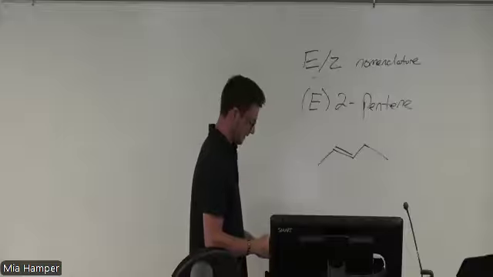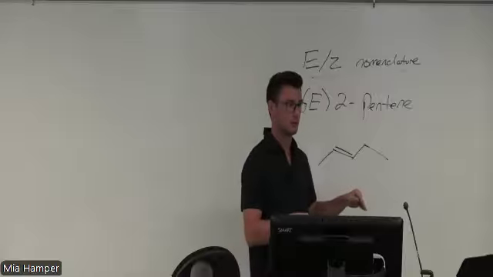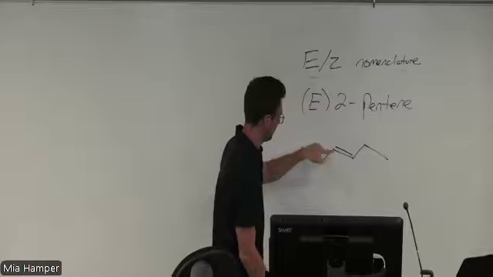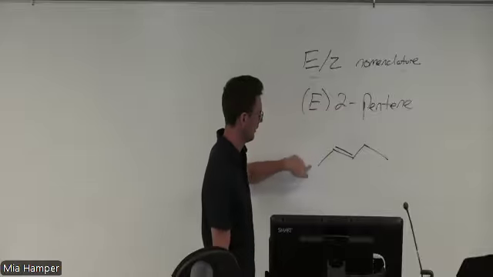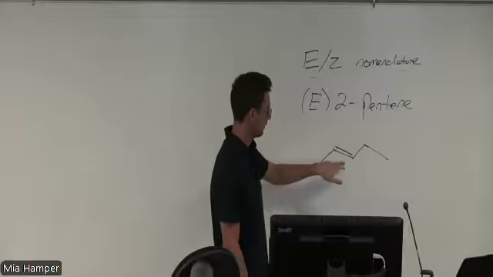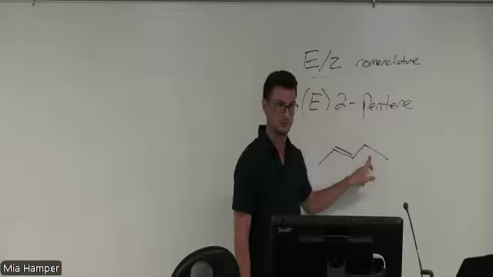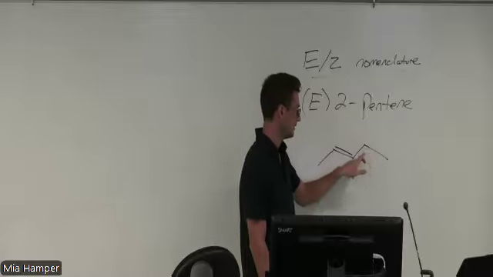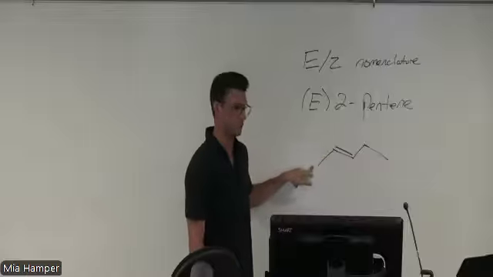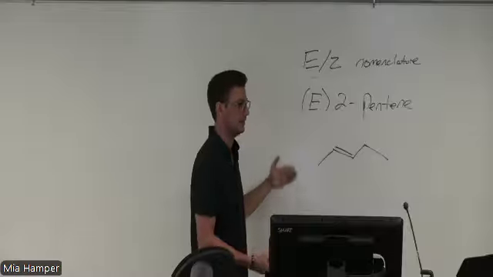We need to make sure that this is in fact E. Remember, E is for the highest priorities being on the opposite side of the double bond. If we're looking at this carbon here, we have the methyl versus the hydrogen. It's down here. Versus this side of the double bond, we have the hydrogen, and we have this ethyl coming off of it. So this group is going to be of higher priority versus this group being of higher priority, and they're on opposite sides of the double bond, making this, in fact, E.